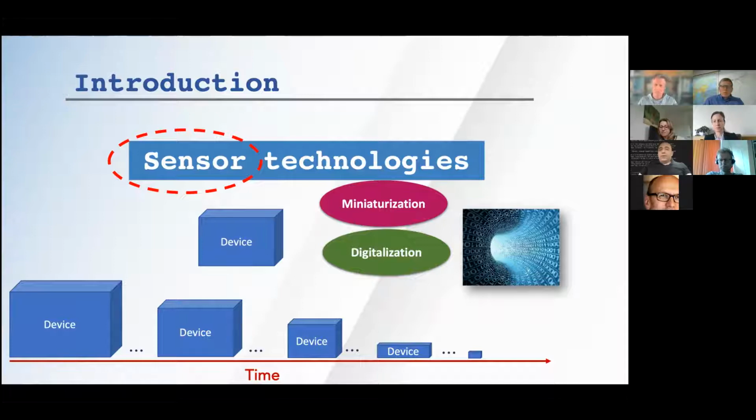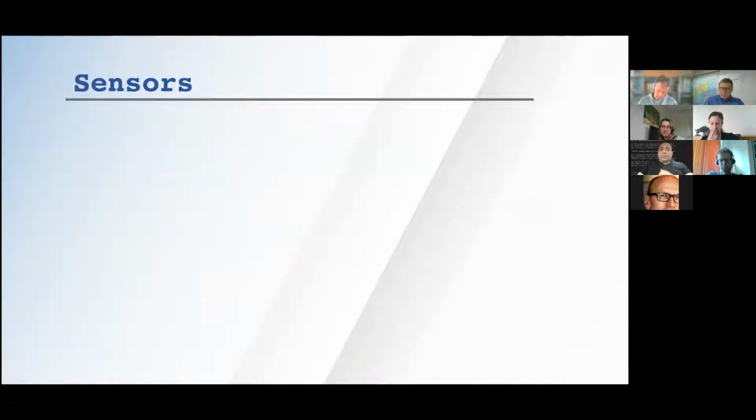Now all the sensors are digitalized, providing some digits, some quantitative measures. And another key trend is integration. For many applications, we have a couple of sensors integrated together, fused together for a certain application. So these are three key trends in sensor technologies.